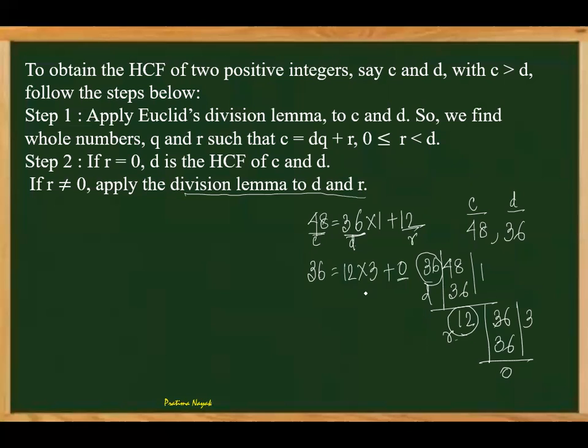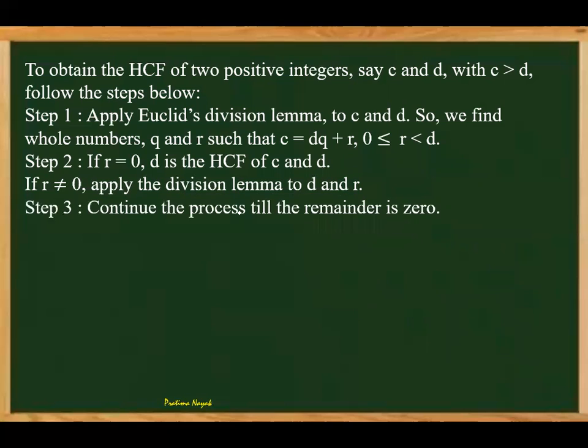So 0 is the remainder. So now R is your HCF. If again I don't get remainder 0, I'll go for the next step. So continue this process till you get remainder 0, and when we are getting remainder 0, that R is your HCF.